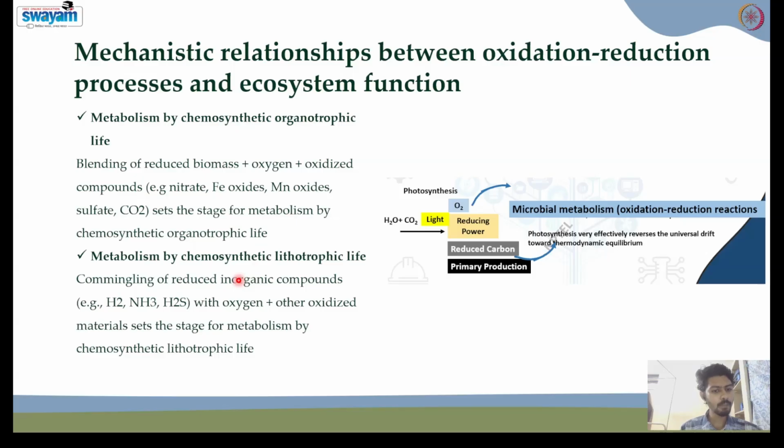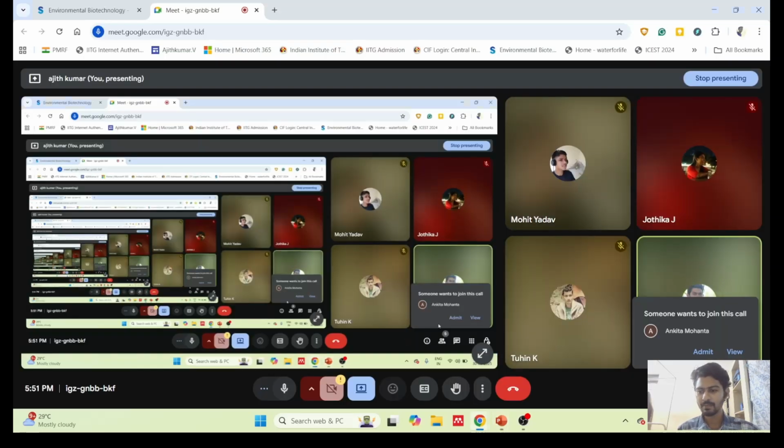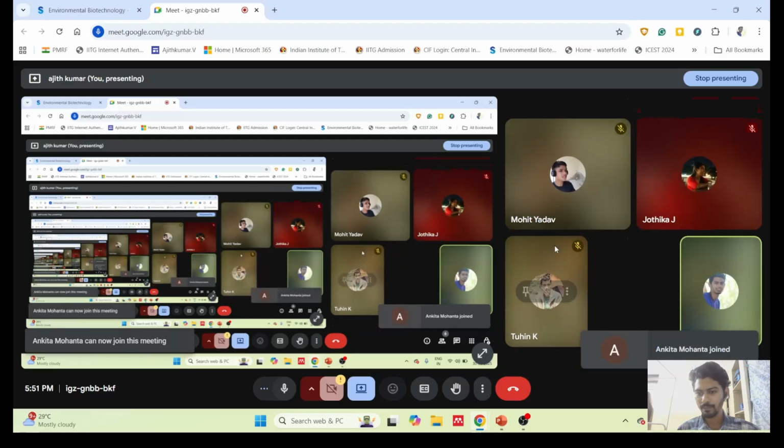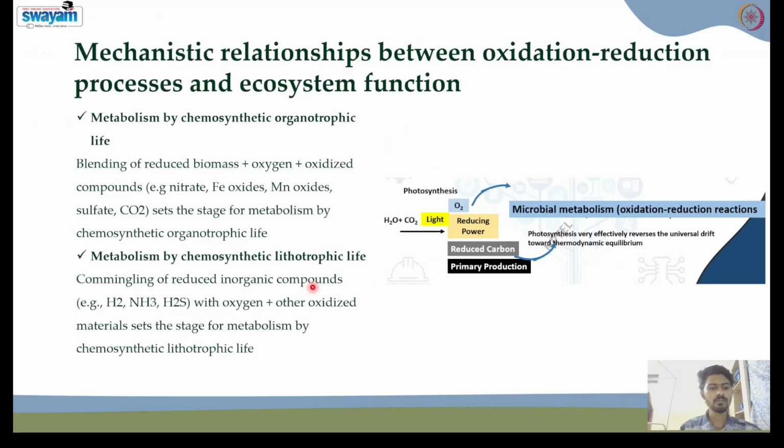Whereas if you see the metabolism of chemosynthetic lithotrophs, the microbes take the inorganic materials like H2, NH3 ammonia and H2S with oxygen and other oxidizable material, which sets the stage for chemosynthetic lithotroph life.